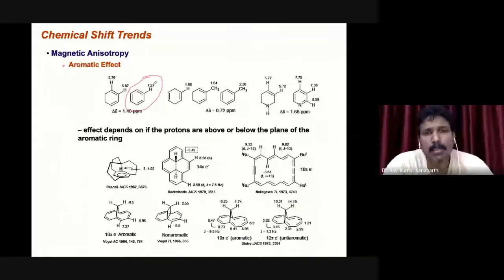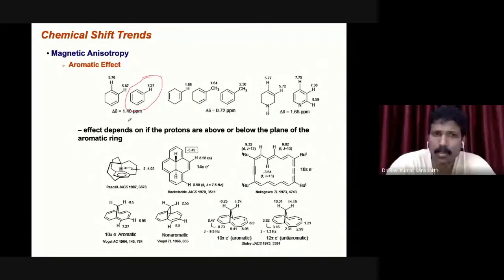This is primarily because it is showing the ring current. So the ring current is primarily responsible for such a huge difference in chemical shift value between cyclohexene and benzene, which is an aromatic compound.